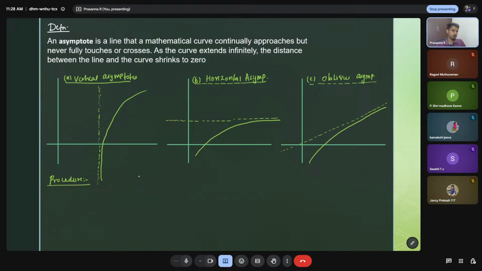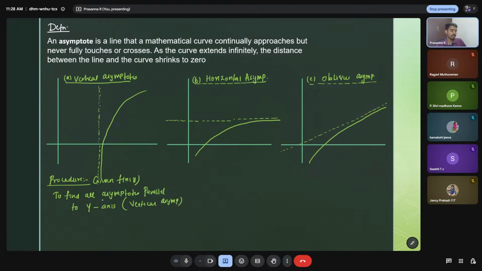Now, to find vertical asymptote, they will give a curve that will be a function f of x comma y. Given a curve f of x comma y, if you want to find all vertical asymptotes, see, vertical asymptote means asymptotes parallel to the y-axis, right?